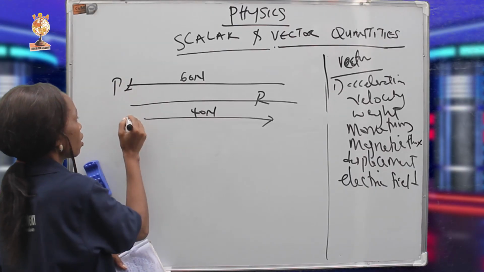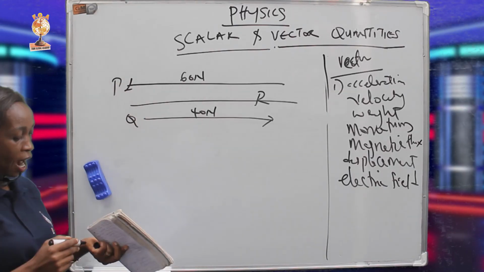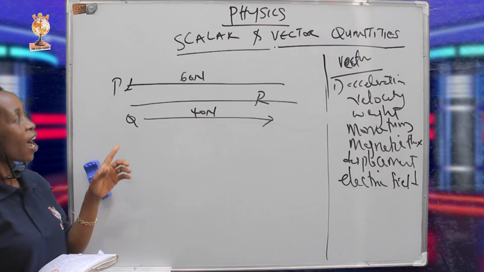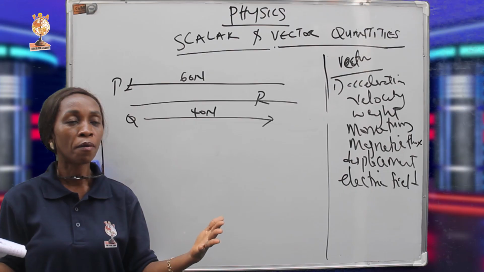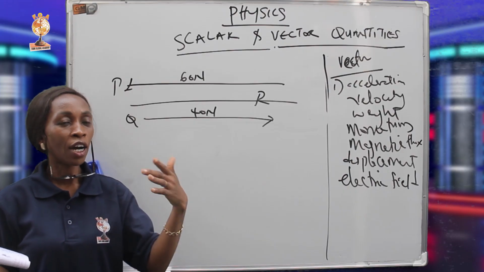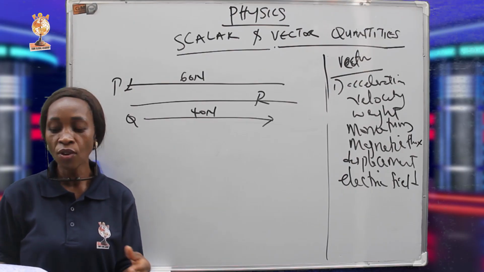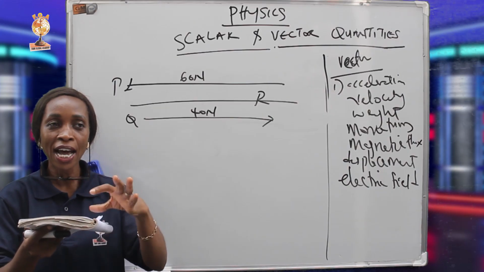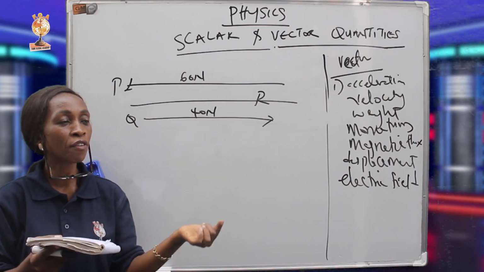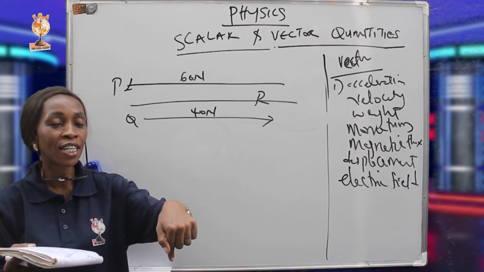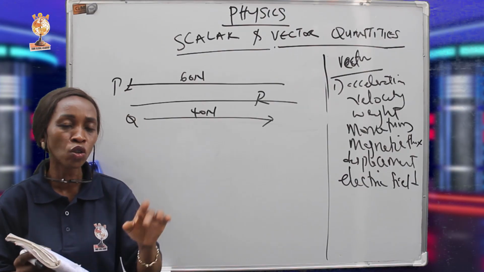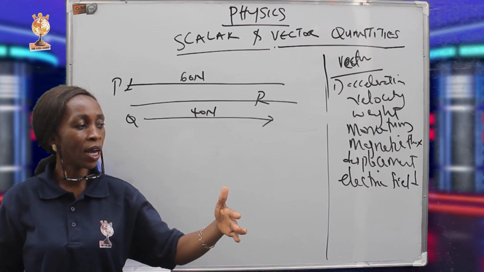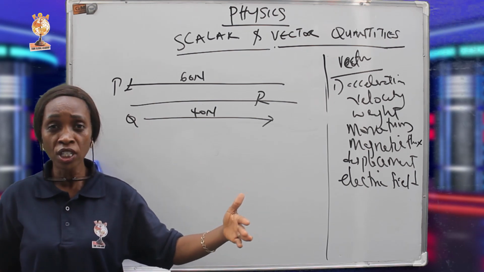This is P and this is Q. Now the arrow shows direction. Take for instance, you are invited for a wedding and you are given a direction from the card behind. The arrow shows that if you go upward, there's a bus stop here. So the arrow shows the direction of where the object or the body is moving.